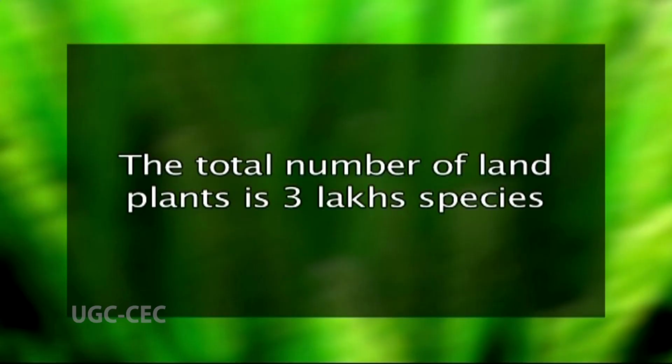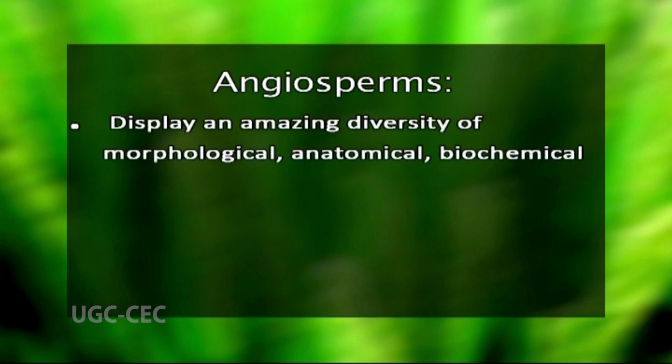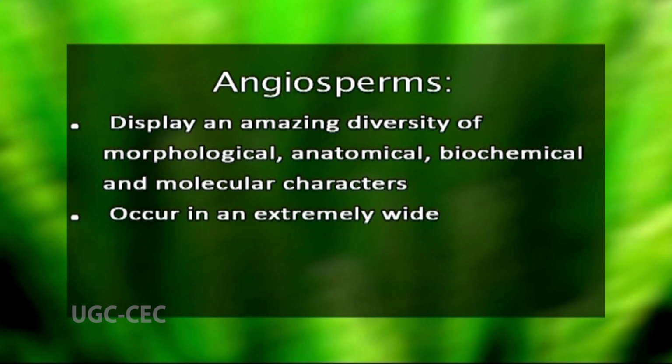The total number of land plant species at present is 300,000 (3 lakh). Out of these 3 lakh species, angiosperms consist of 260,000 species. These angiospermic species display an amazing diversity of morphological, anatomical, biochemical and molecular characters. They occur in an extremely wide array of terrestrial habitats, and many angiosperms have secondarily adopted aquatic ecosystems as their habitats.